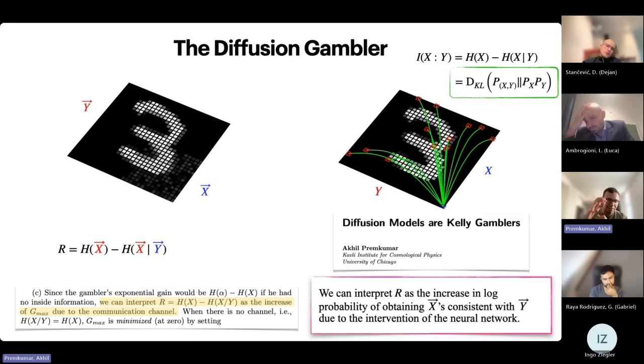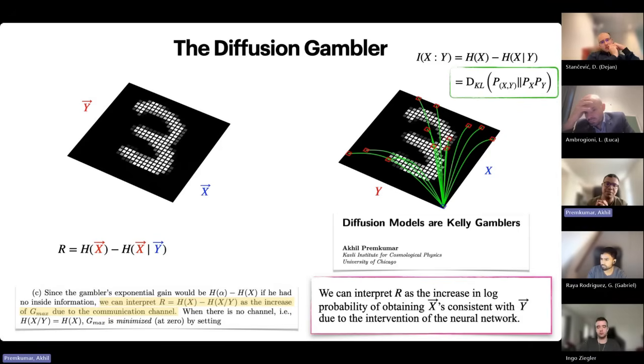This is one aspect of the new paper that I shared with Dijon, where I talk about the connection between this and the manifold hypothesis. Essentially, whenever a diffusion model generates an image, it's placing a Kelly bet. And the paper goes into much greater detail about the equivalence between these two situations.